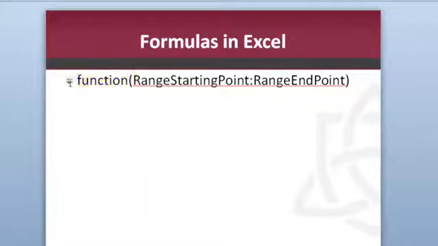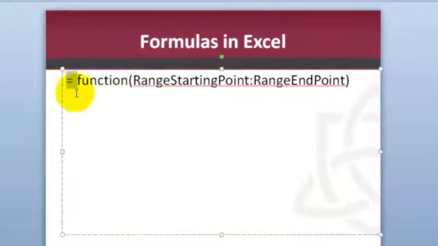So usually all formulas in Excel start with the equal sign. That's how the computer knows that what you're entering in there is a formula, it's going to be a calculation of some sort. Then there is the function. We'll learn about functions shortly. For example, SUM.